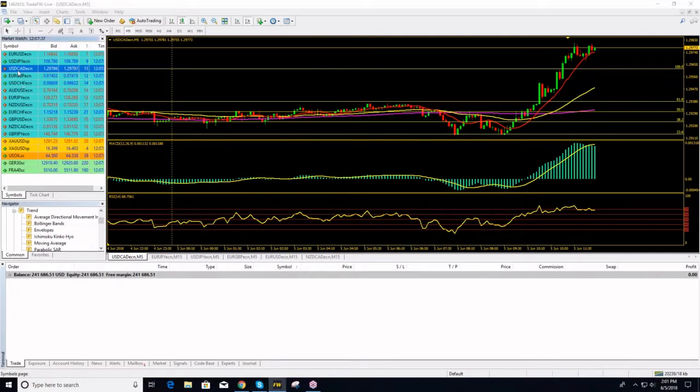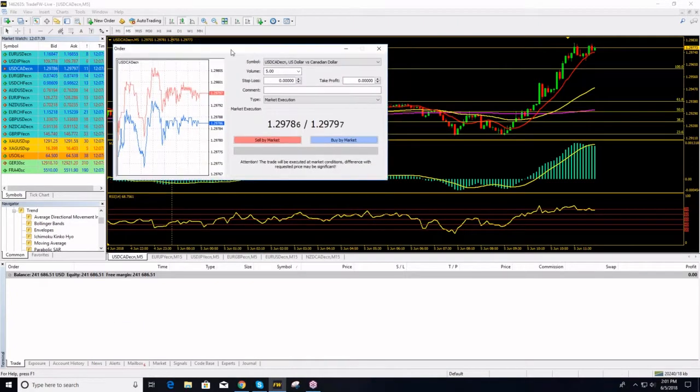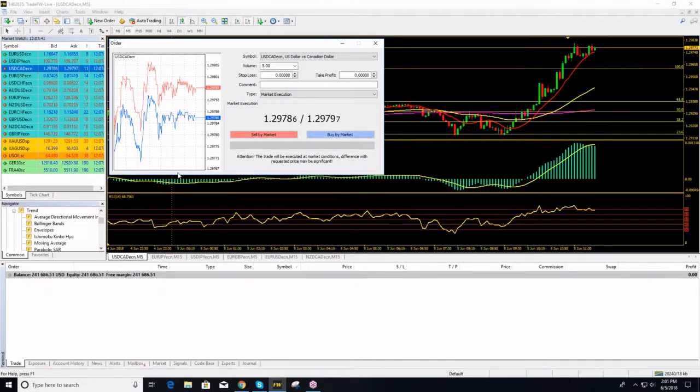So I'm getting ready for a 5 lots short position on dollar CAD if we see a close below MA10. You have to be patient. I repeat once again, and I will repeat it a lot of times.